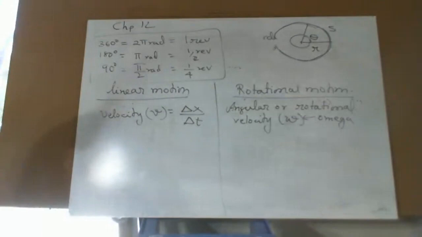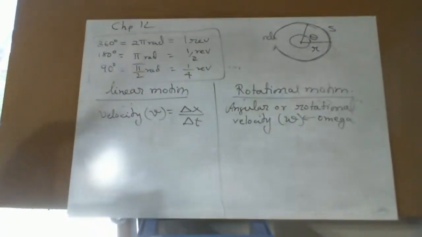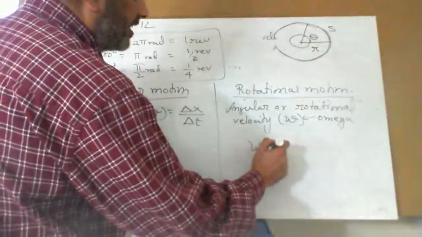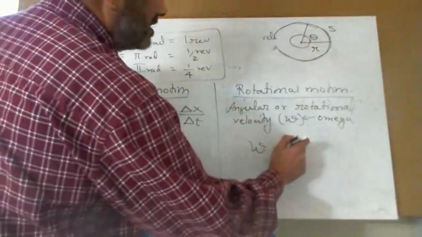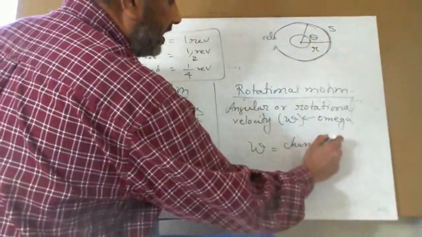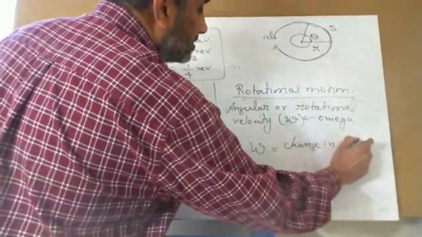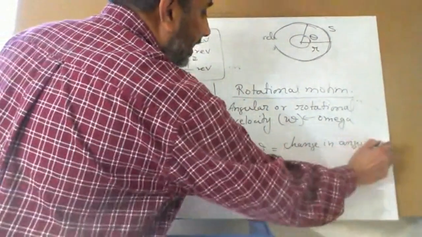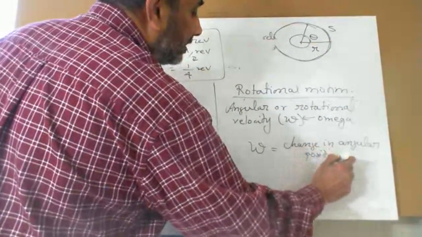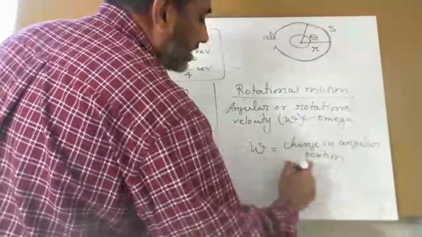So we are going to use it interchangeably, but they mean the same thing. So angular velocity, the way it is defined, is change in angular position divided by change in time.